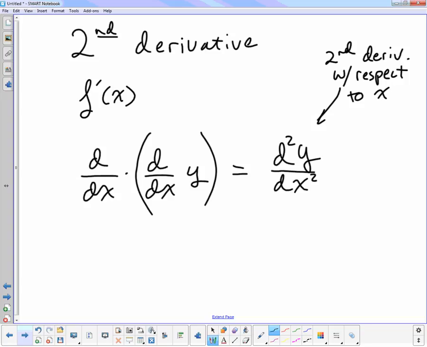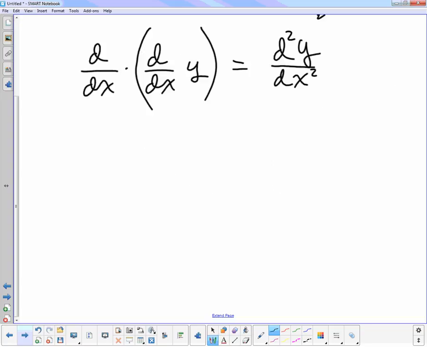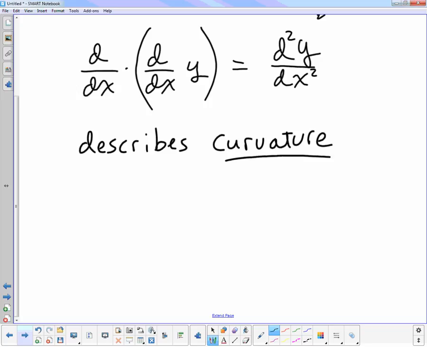All right. What the second derivative tells me is curvature. There are two ways that you can be curved, well, besides 0.